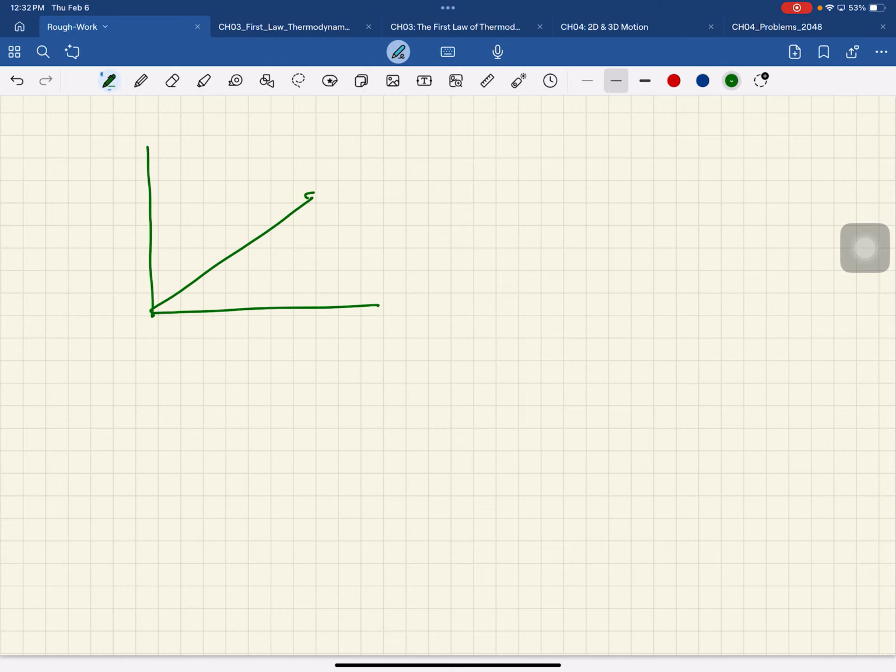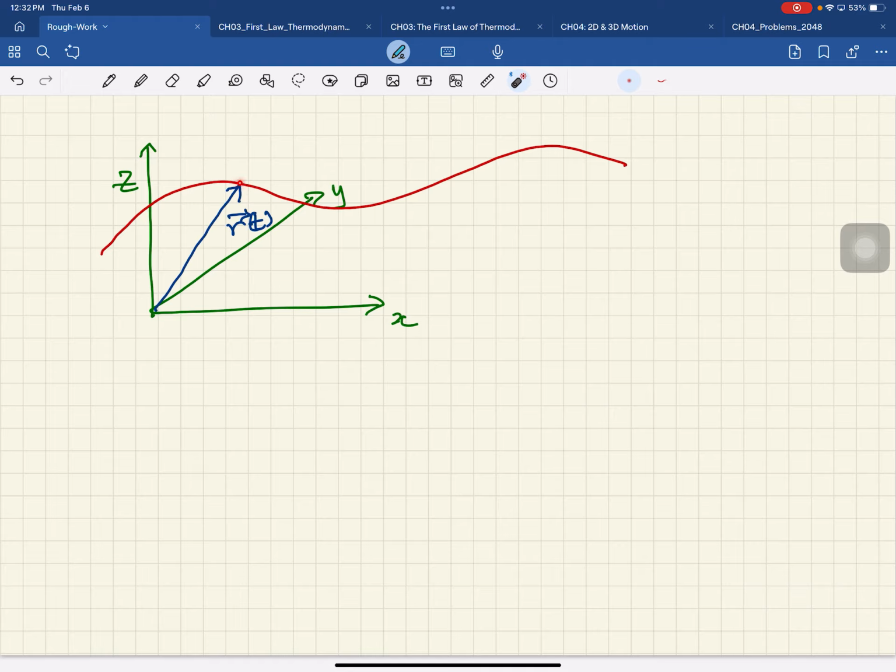All right, so what we are interested in is this general 3D motion. And the position vector of this guy is the position at a given time, r(t). So the position vector is a vector pointing from the origin to your location at a given time.